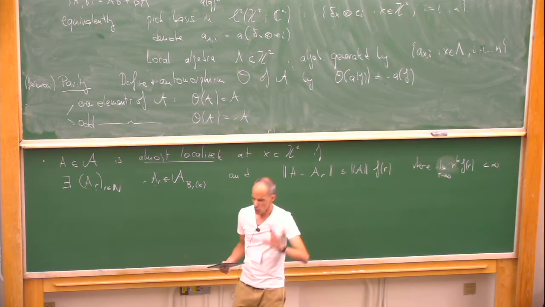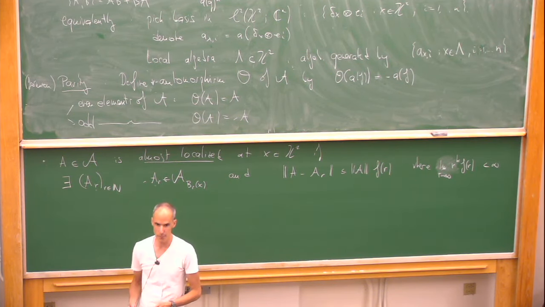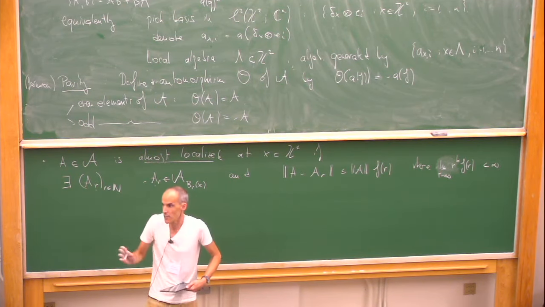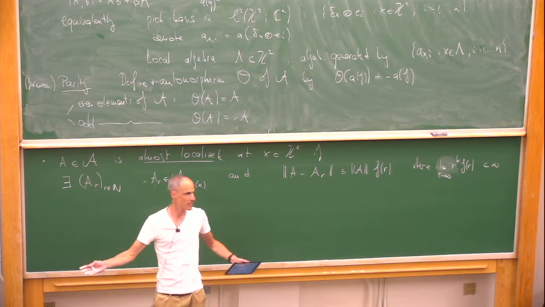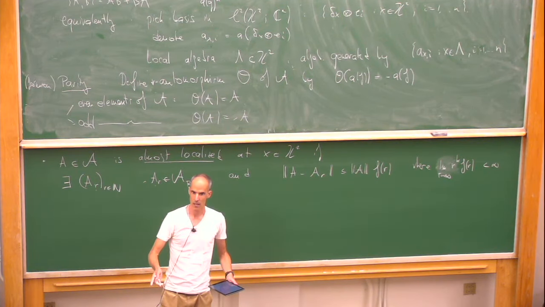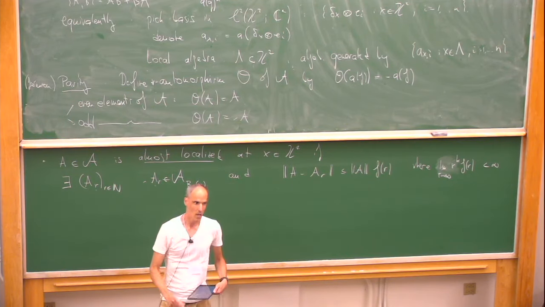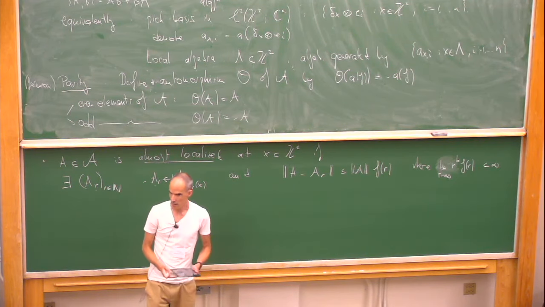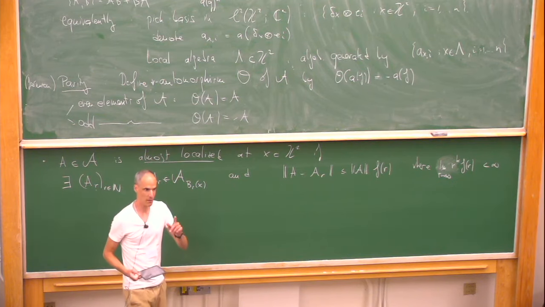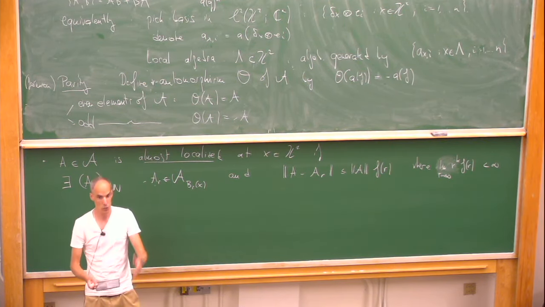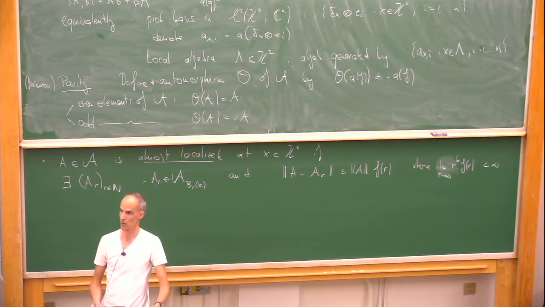The quasi-local algebra is defined as the closure of the local algebra, as you remember, in quantum spin systems. That just says I can write an element as a limit of elements in the local algebra, but without any specification of the rate of convergence. The almost local algebra has that specific thing on top. They're not strictly local objects, but they're extremely well approximated by local objects.